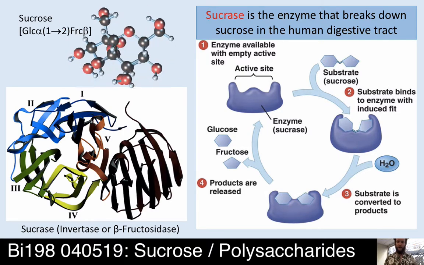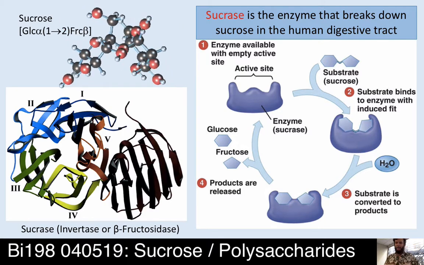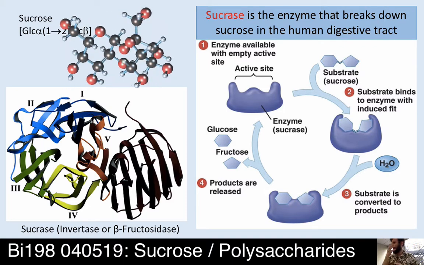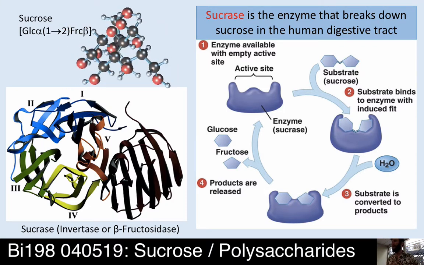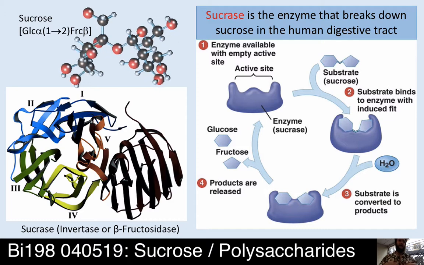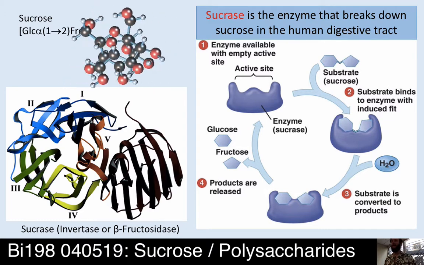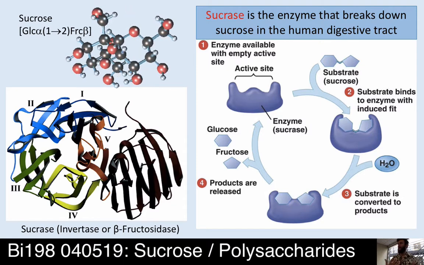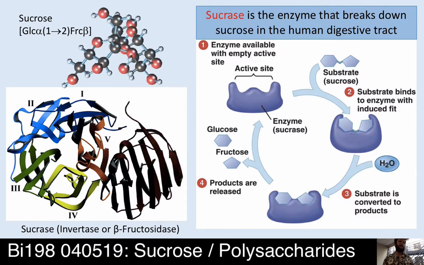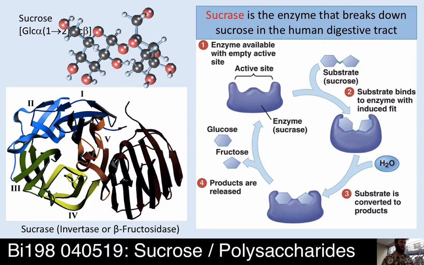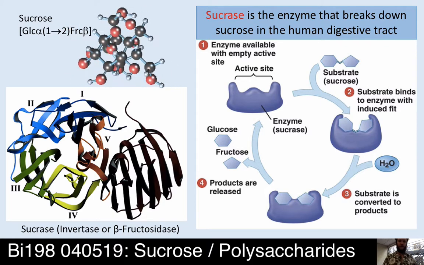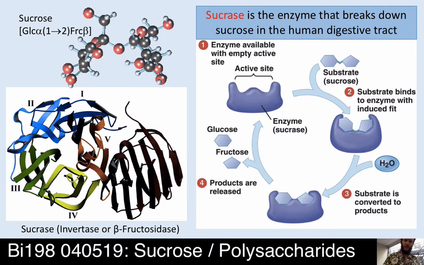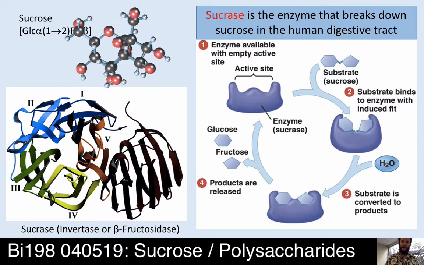The sucrose comes in, binds, it gets kind of bent a little bit by the binding to the protein, and that bending, that stressing of the glycosidic linkage enables water to come in and add across that bond easily, breaking it up into the 2 monosaccharides, the glucose and the fructose, that your body can take up.